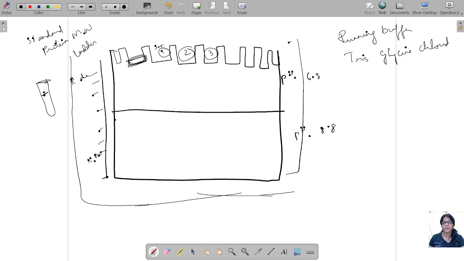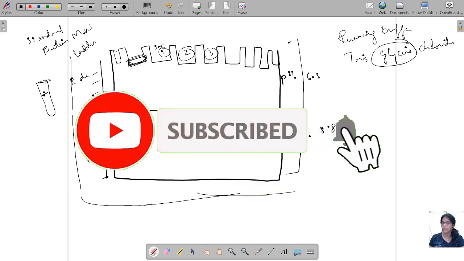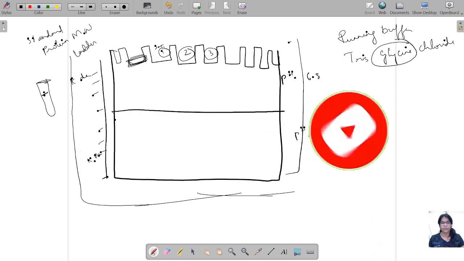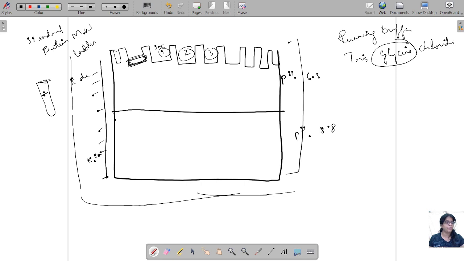Glycine plays a very important role in SDS-PAGE, because based on the pH the glycine's charge keeps changing. This is the glycine molecule I am talking about.